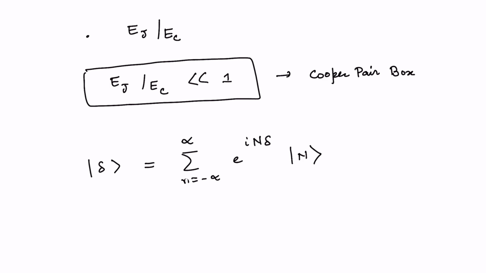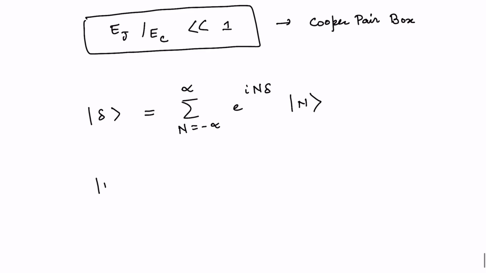Here n is the capital N, and this k_n is related to k(delta) by 1 by 2 pi integration from 0 to 2 pi d delta. I am taking an integration here because delta, the phase, is a continuous parameter, not discrete, unlike the number.